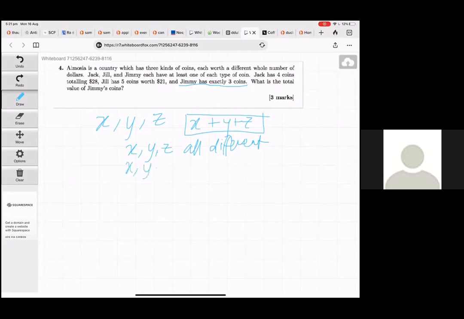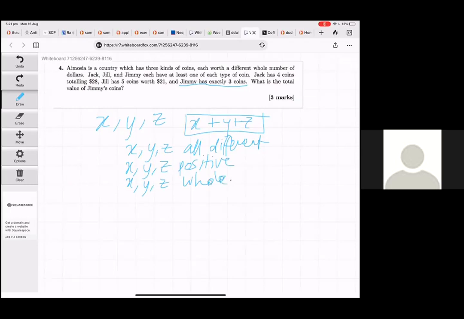So X, Y, and Z are positive, and X, Y, and Z are whole. And so I think that's all I have about the numbers X, Y, and Z.